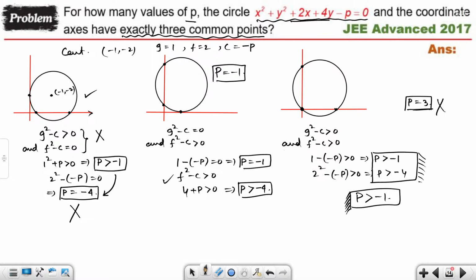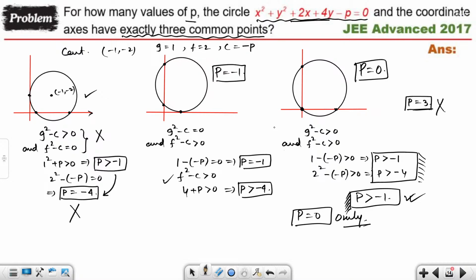As the origin is satisfying this equation, we are getting P equals 0 only. That's the only thing that we are getting. And P equals 0 is satisfying this condition. Hence, the second value of P that we are going to have is 0.